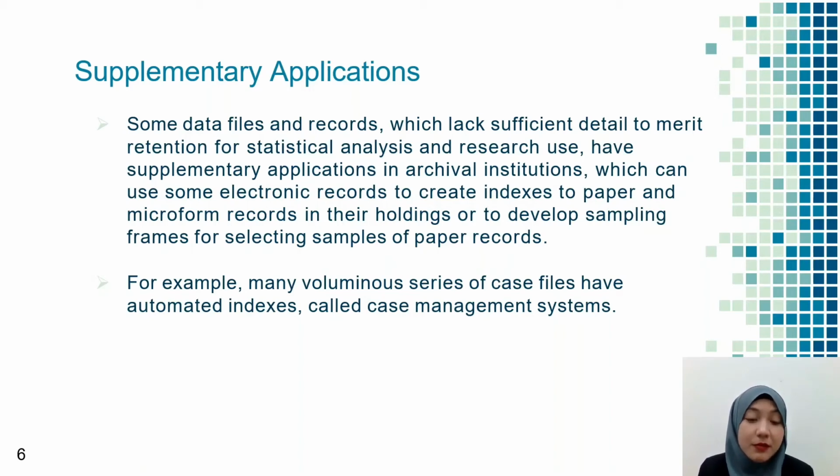For example, many voluminous series of case files usually have automated indexes called a case management system. The series of case files which has been automated or generated by the case management system must be appraised whether it is of archival value.